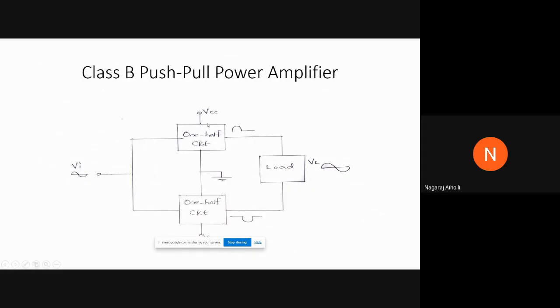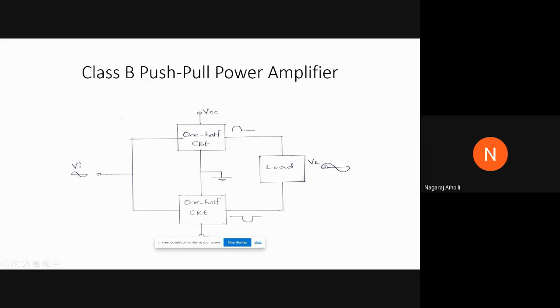We apply the input signal here and get only the positive half cycle from the upper transistor, and from the lower transistor we get the negative half cycle. Both combined together, at the load we will be getting one full cycle of output. This uses two power supplies, two VCCs.